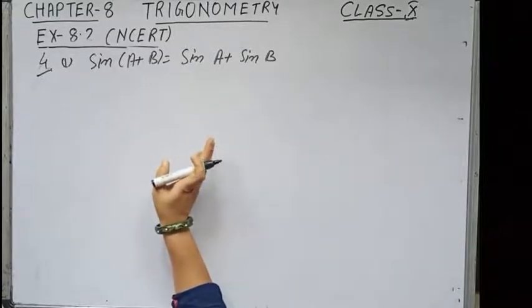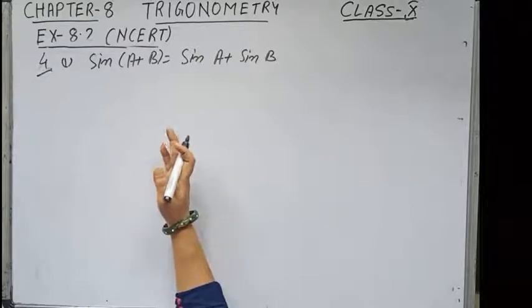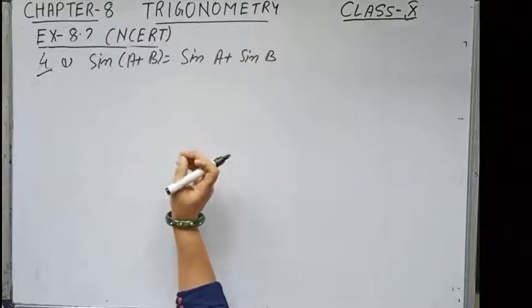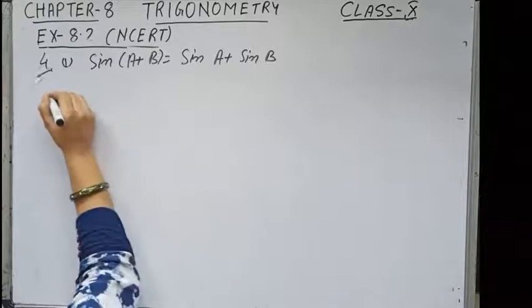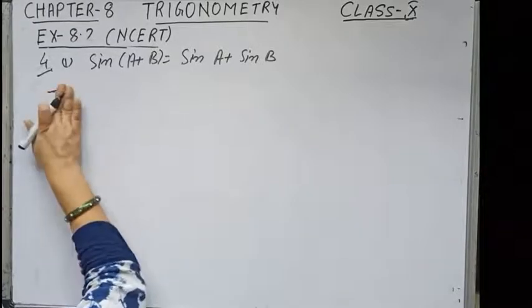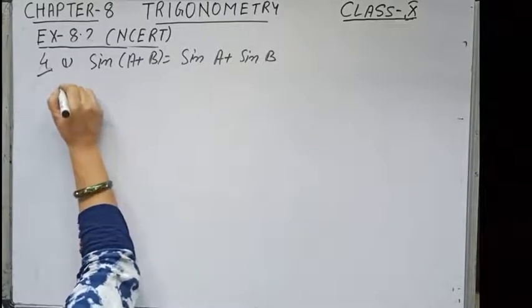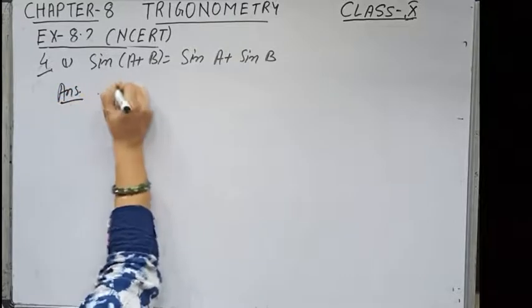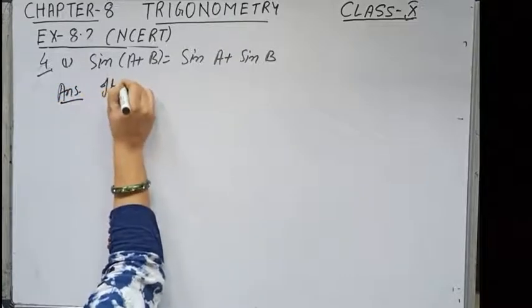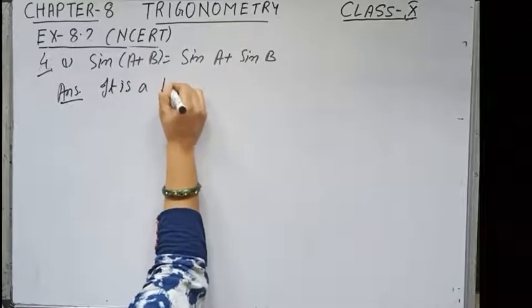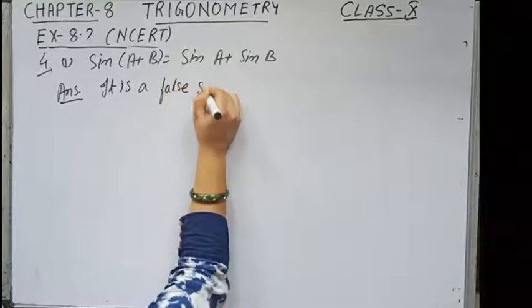But children, this statement is false. To make it false, we have to prove it by giving a particular value. Simply write it is false. In answer part, it is a false statement.